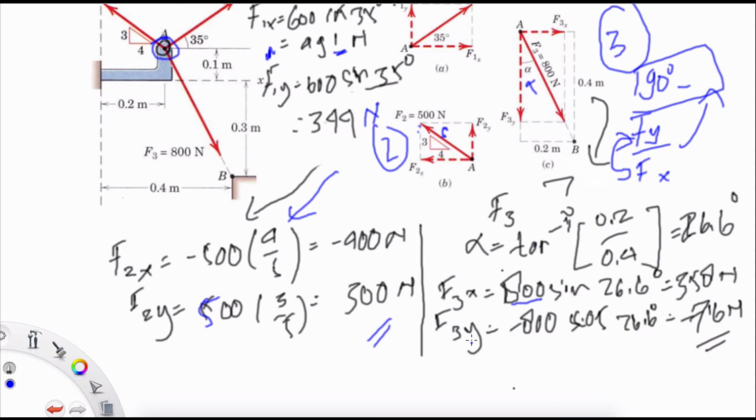And then F3 in the y direction will be minus 800 cos 26.6 degrees, which will be minus 716 Newton.